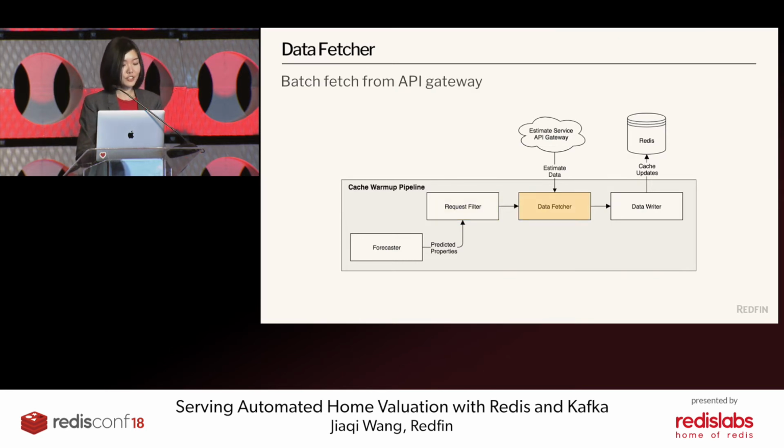In terms of data fetcher, it's responsible for just fetching the estimate data from API gateway in a batch. And after that, the data writer will be responsible for populating the estimate value into the Redis cache.